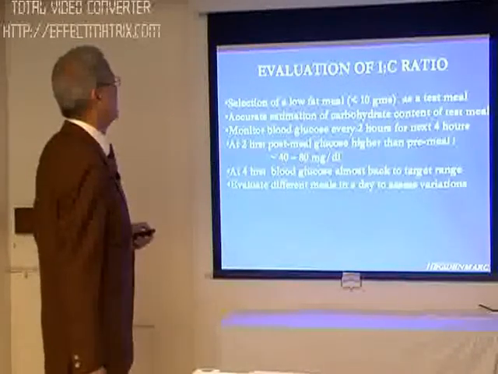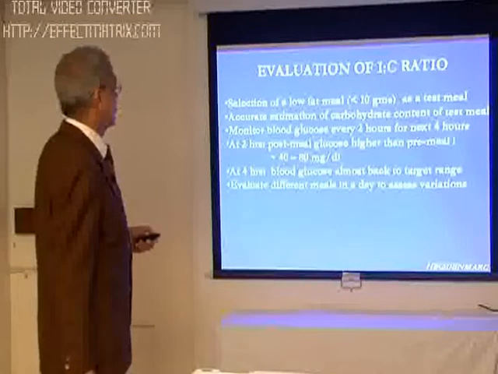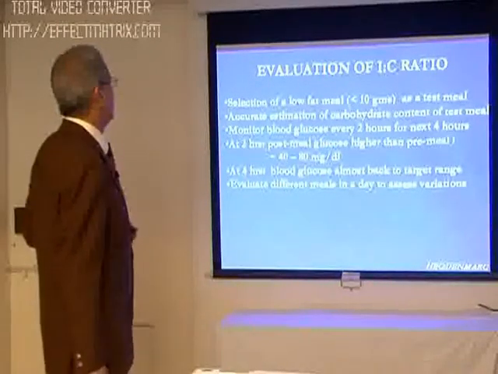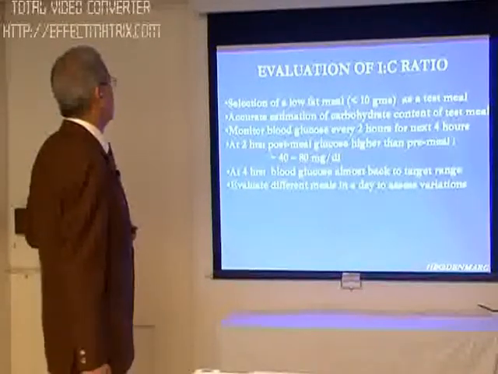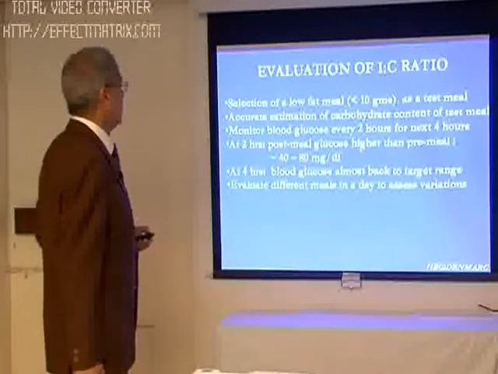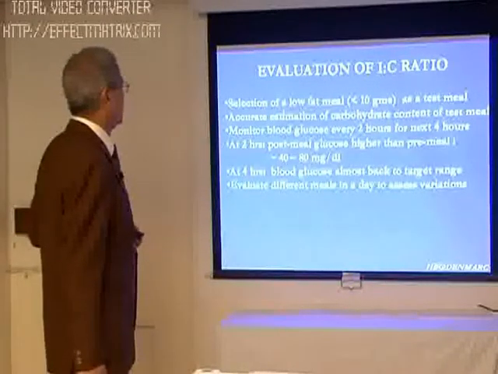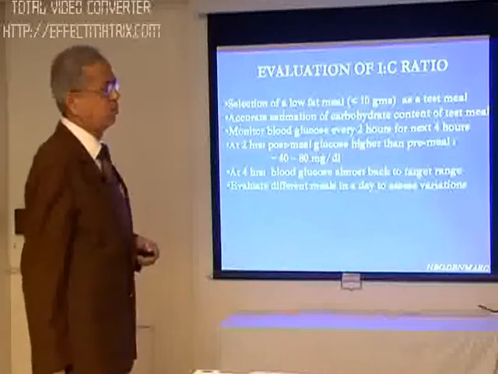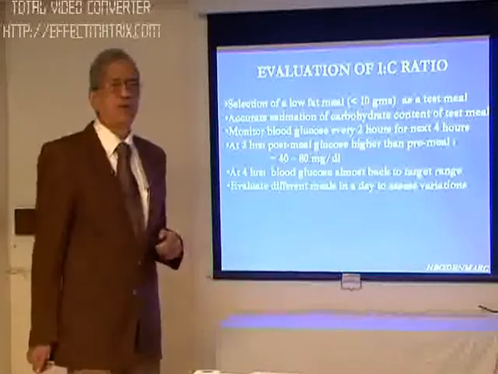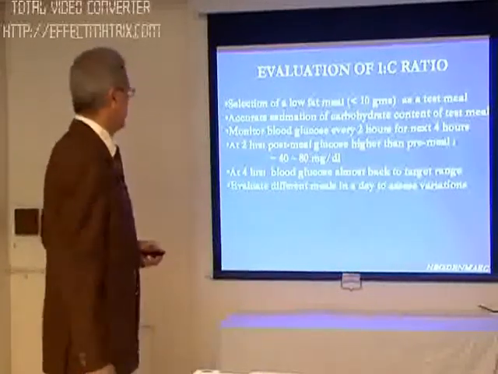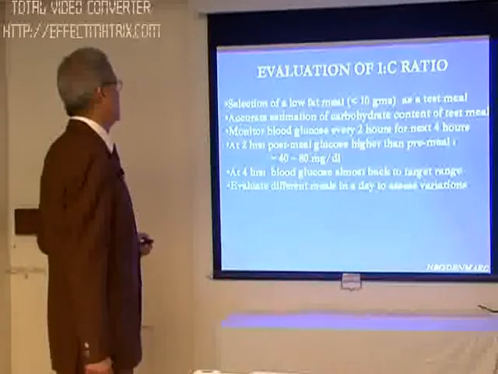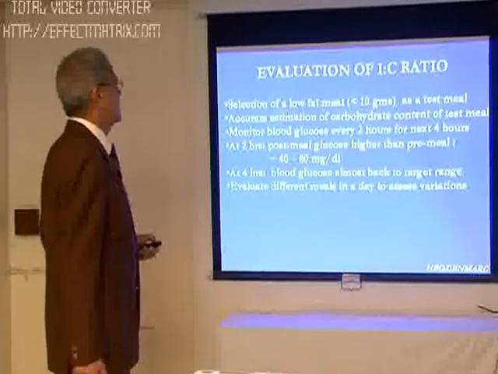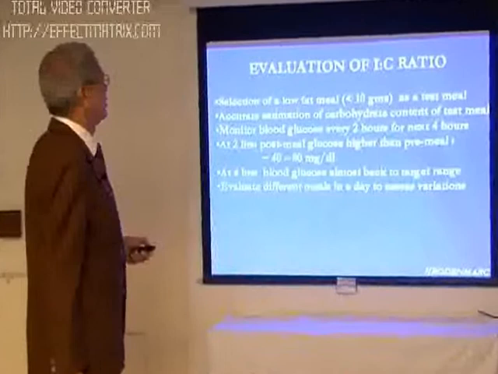And of course you monitor blood glucose every 2 hours for the next 4 hours, and you see that the post meal glucose is not more than 40 to 80 milligram higher than pre-meal glucose. That means the amount of insulin injected is a correct one, and at 4 hours you check the blood glucose and see that it has come back to almost target range.